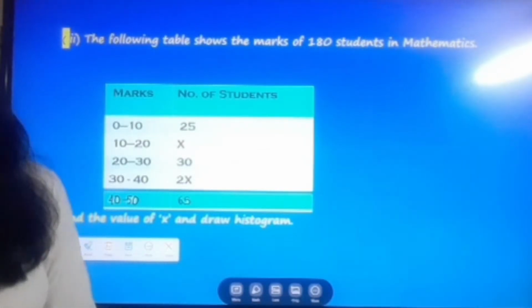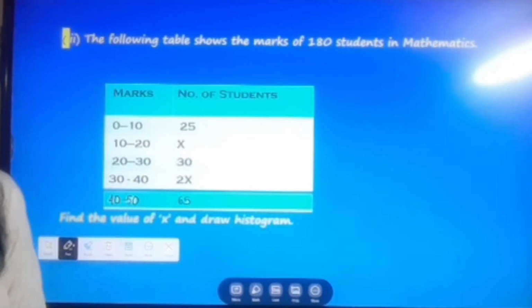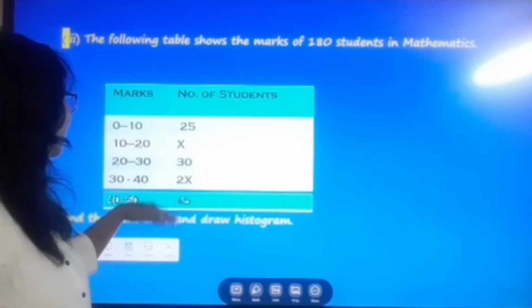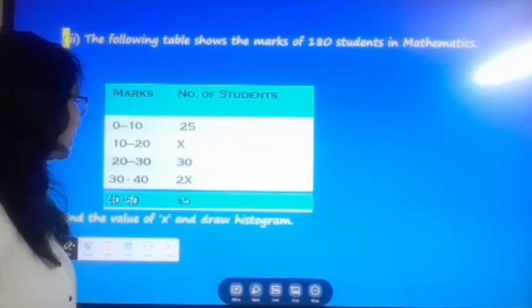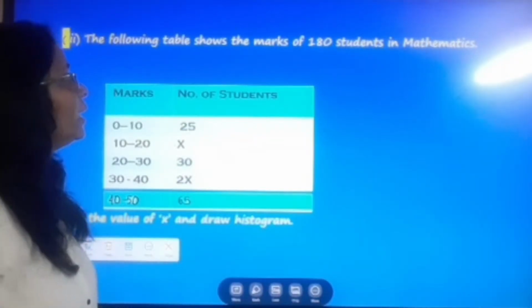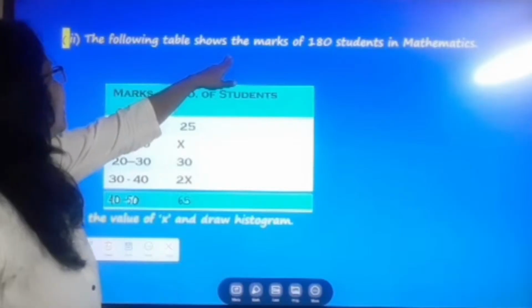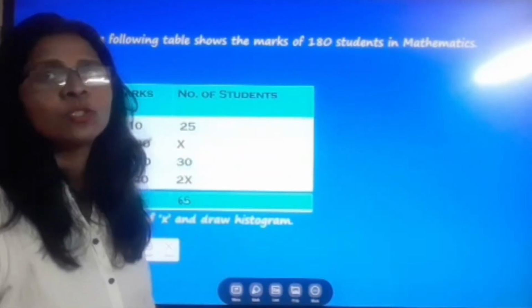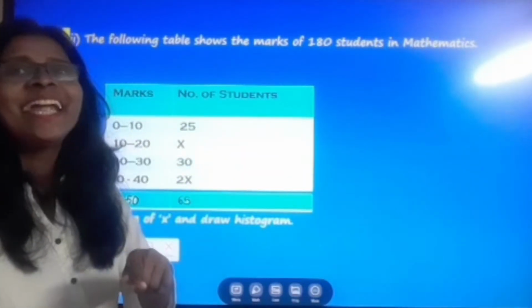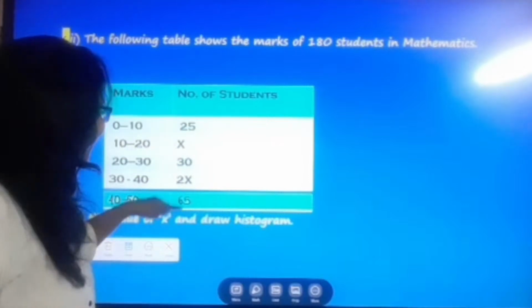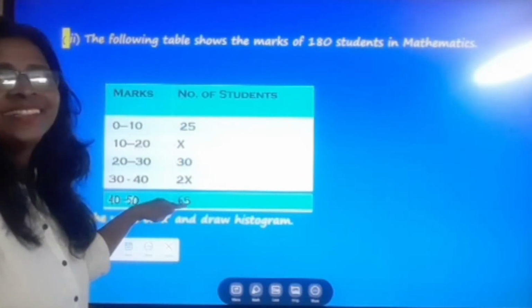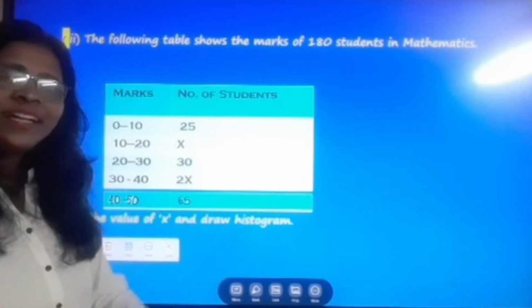Here the addition of these frequencies should be 180, because the given data is the marks of 180 students.